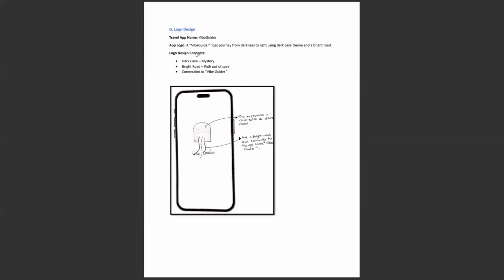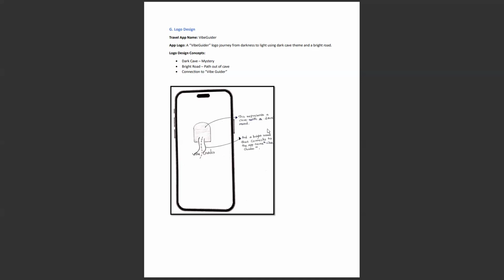The logo is based on the connection between the name and the logo. The Vibe Guider logo journeys from the darkness to light, using the cave theme and the bright road. So these are the main components of my logo: the cave and road, connected with the bike rider.